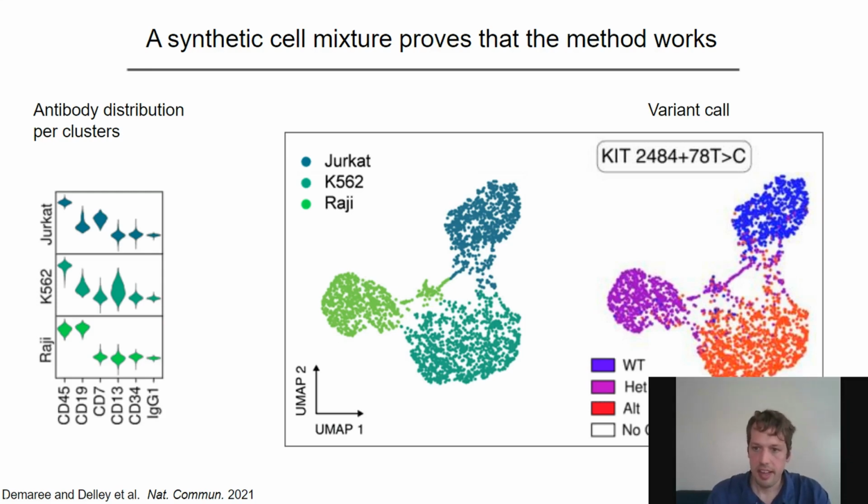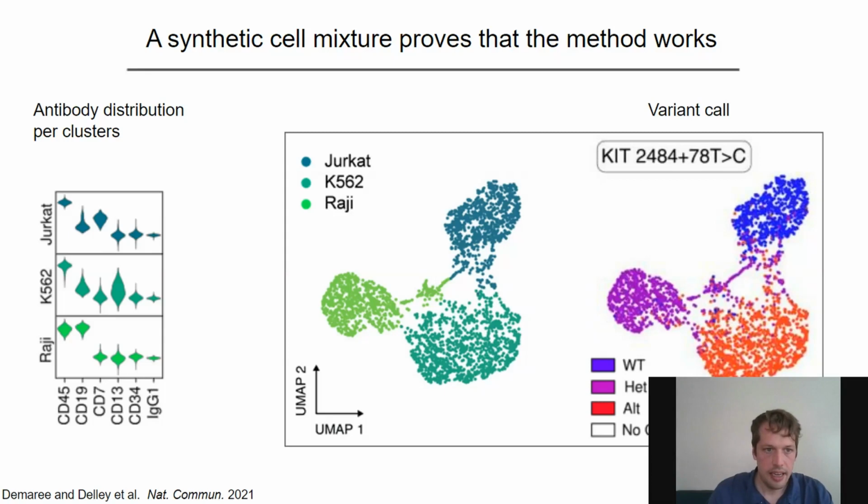So as you can see, for example, for this KIT gene, we have 3 different genotypic signatures, one of a wild-type cell, one of a heterozygous cell, and one of an alternate cell. And they map exactly to the immunophenotypic compartments defined by the antibodies of these 3 cell lines. So this essentially proves that the method works.